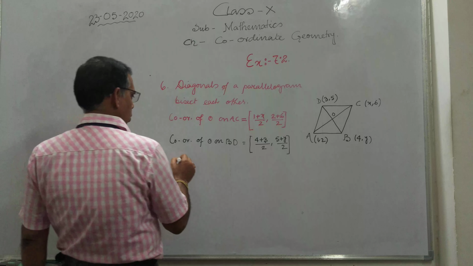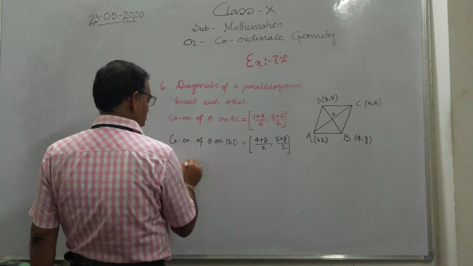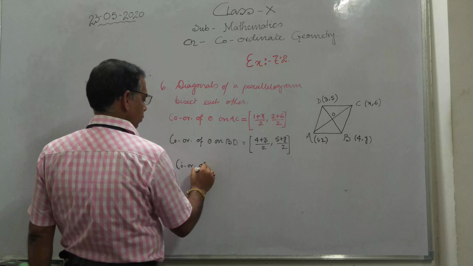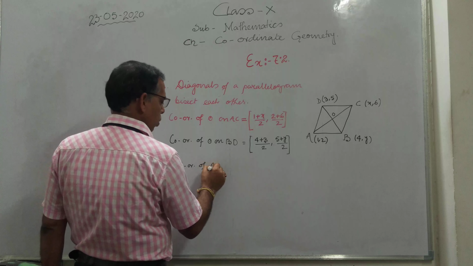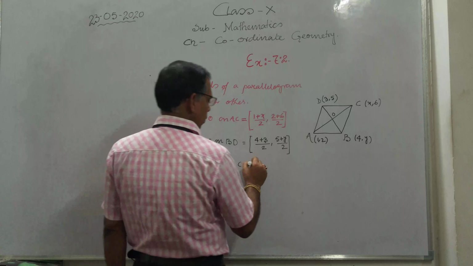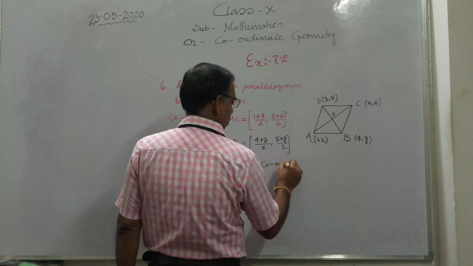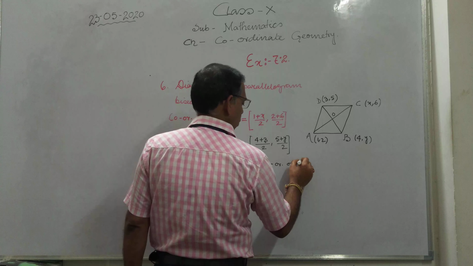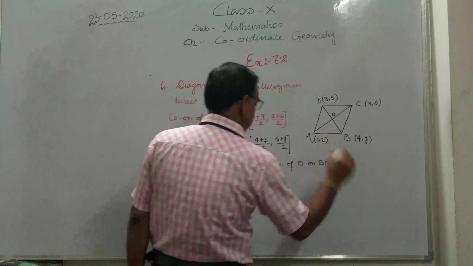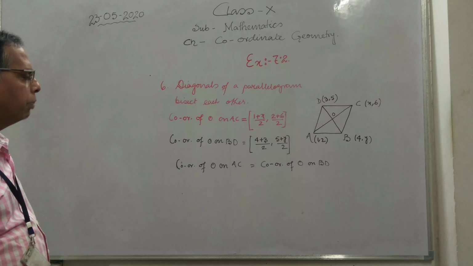Now, coordinate of O on AC is equal to coordinate of O on BD.